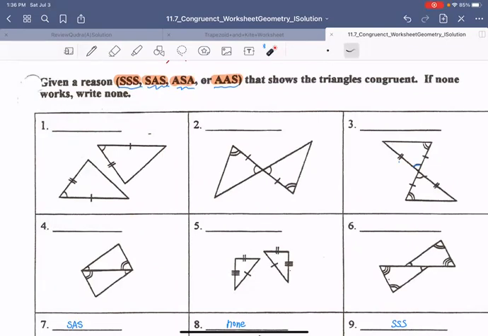They're congruent because side, angle, side. Okay, side, angle, side. Very good. Each person do one row. Continue, Abby. They are congruent because angle, side, angle. Angle, side, angle.